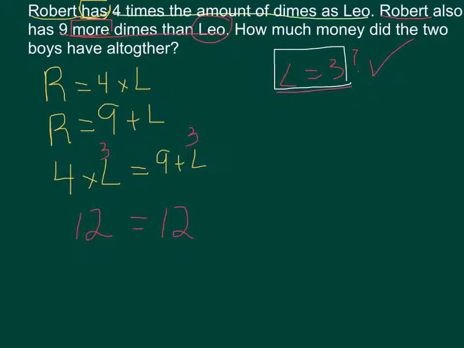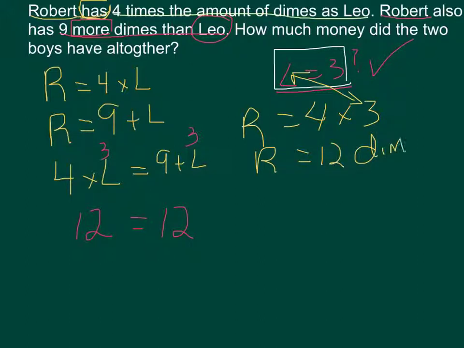So Robert has 4 times 3 because L equals 3. So how much does Robert have? Robert has 12 dimes. Remember, that was the original question. How much money do they have? And we know from what our figures were a while ago that Leo has 3 dimes. So Leo has 3 dimes.